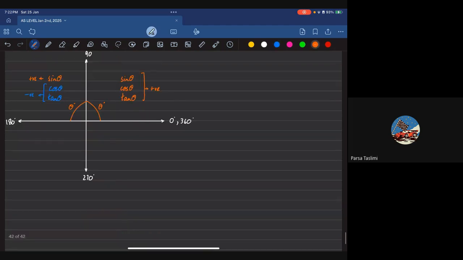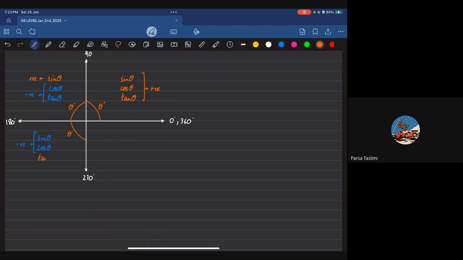Lastly, if theta lies between 180 and 270, apart from tan, everything else will be negative. So you're going to have sine theta and cos theta, which are both going to give you negative answers.